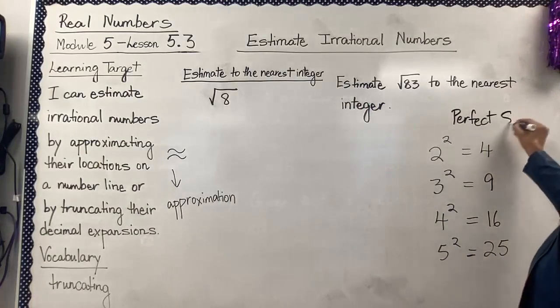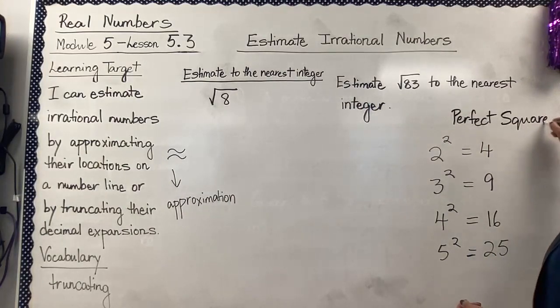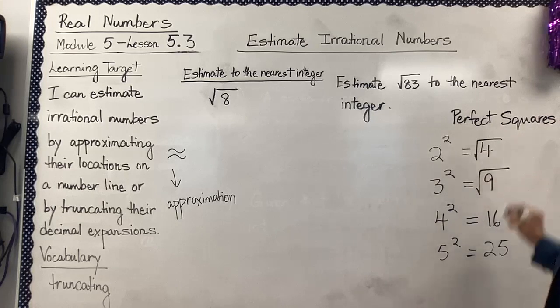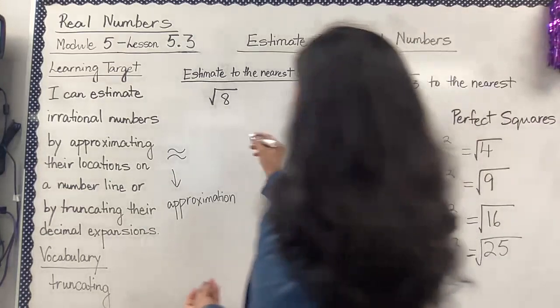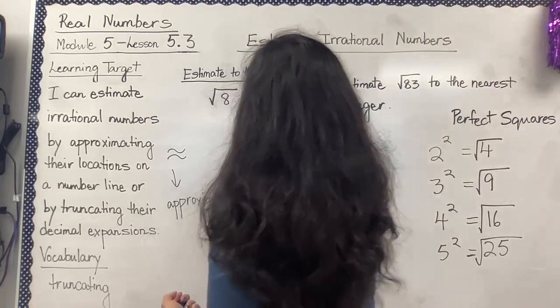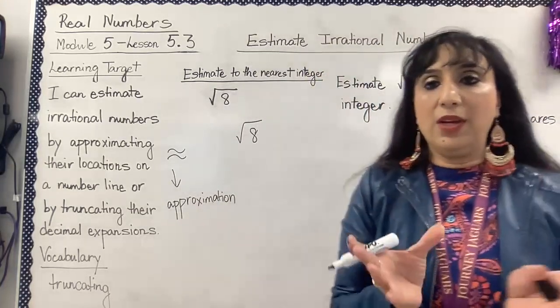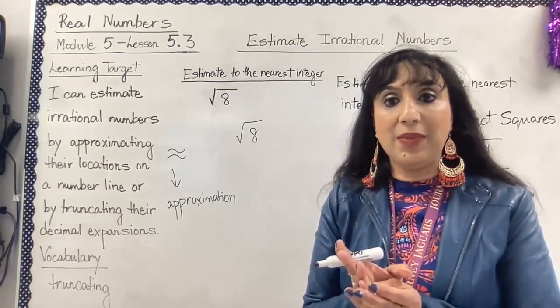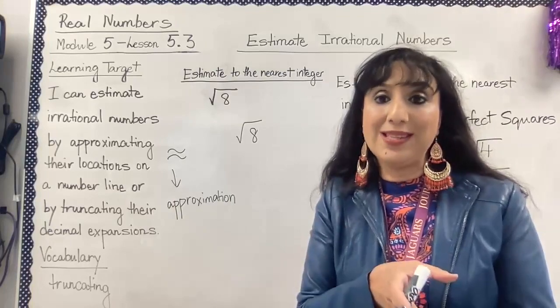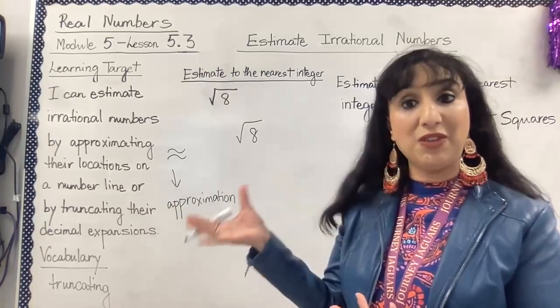Okay, perfect squares. Right, so then we do this, we will get an integer. Okay, now let's look at the square root of 8. When we're doing an estimation, we're going to look at what number is a perfect square right before this and the number which is right after this.